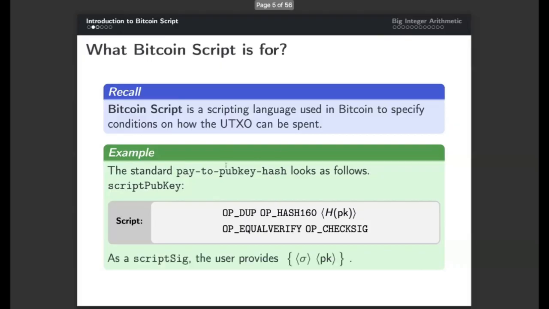Then, in order to spend the coin, you need to provide the script sig, which is the values you need to provide for this condition to be satisfied. In this particular case, the script pubkey allows you to spend coins if you have the signature corresponding to the hash value of the public key, which is published on chain on Bitcoin.